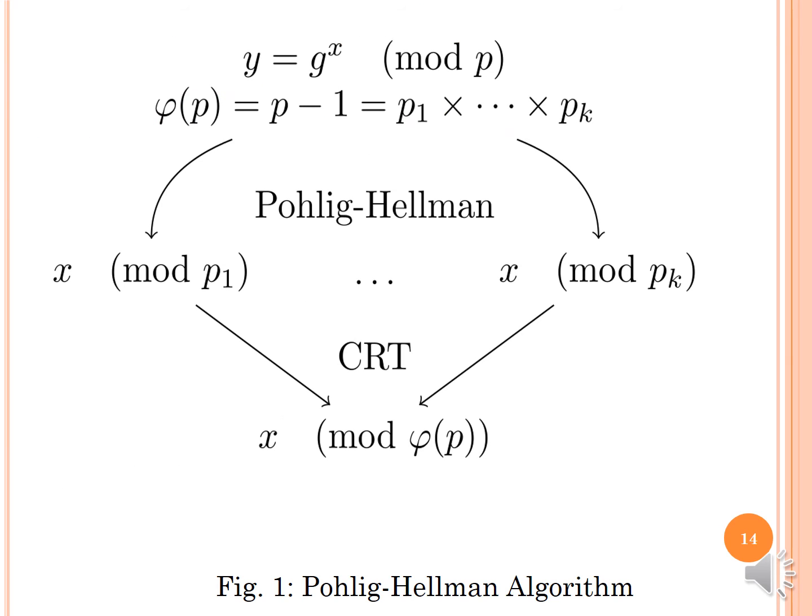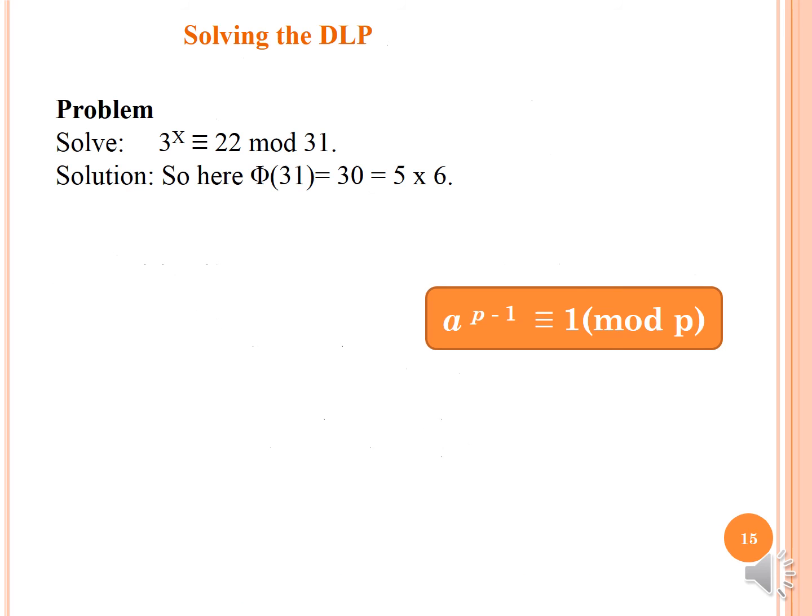So this is the flow diagram of the Pohlig-Hellman algorithm in a broad way. We are factorizing the value of phi of p into k prime numbers. So there will be k congruent solutions, and using the Chinese remainder theorem, you can find the value of x. So let's take a simple problem for understanding the algorithm.